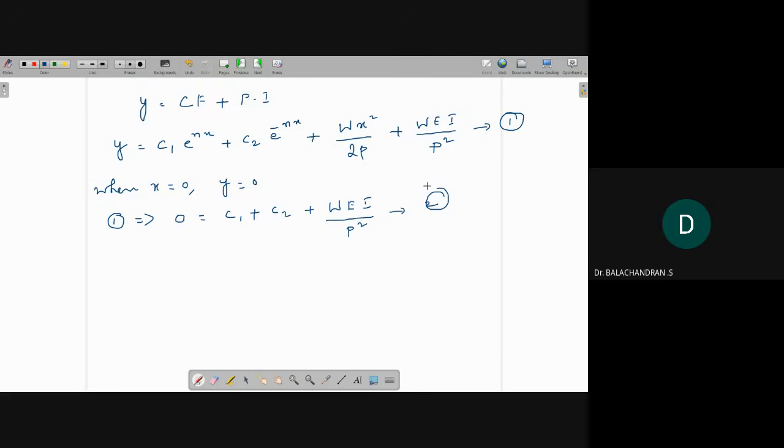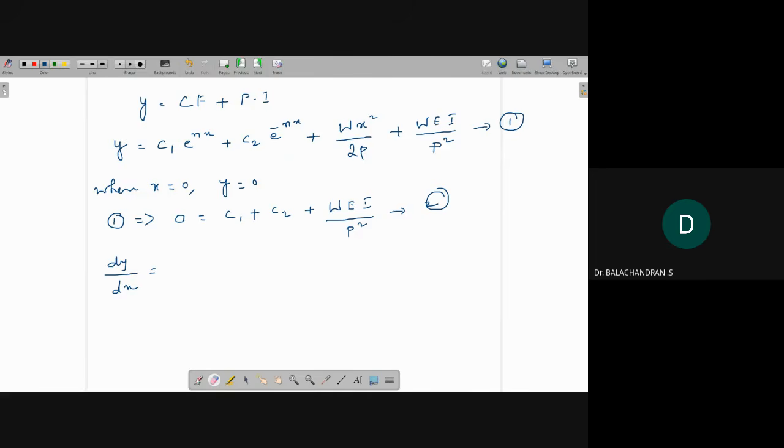Okay, next, find dy by dx. If you differentiate equation 1 with respect to x, you will get nC1, or if you write nC1, you may think choosing n, choosing 1 from n.